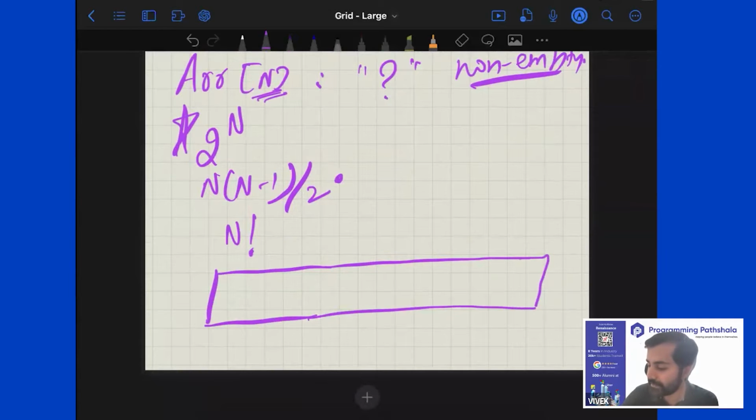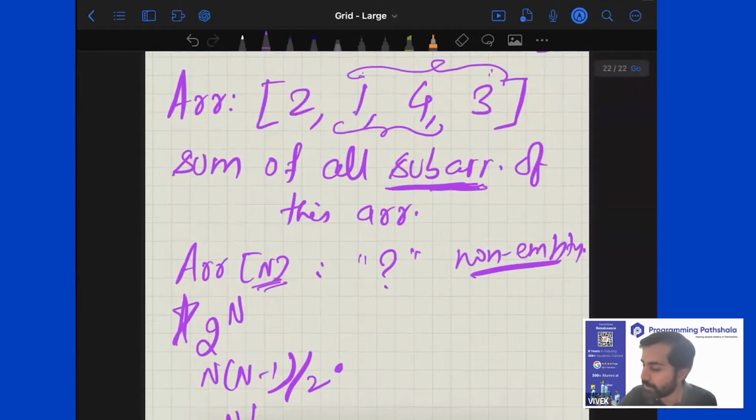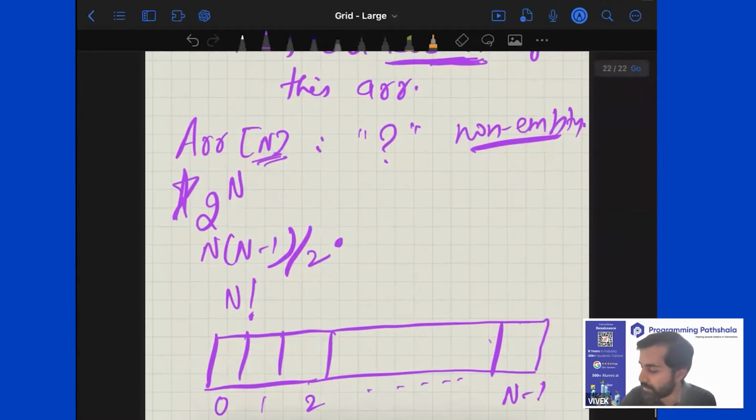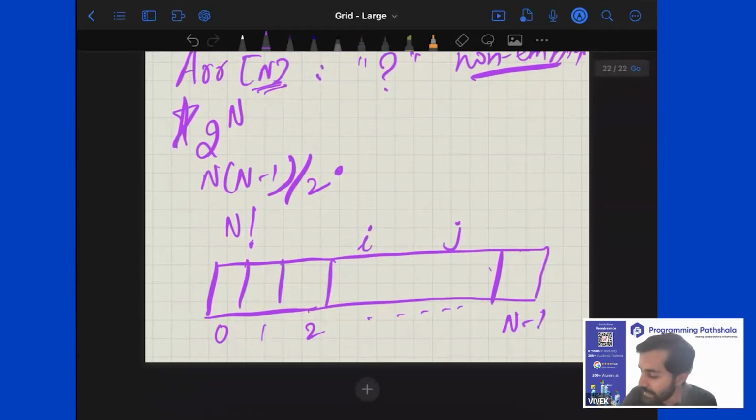See, if there is an array, I'm just listing down the indices 0, 1, 2, so on till n minus 1. Every array has a starting point and ending point, right? Whenever you consider any subarray, it has a starting point i and ending point j. Now, how many subarrays are there whose starting point is at 0?